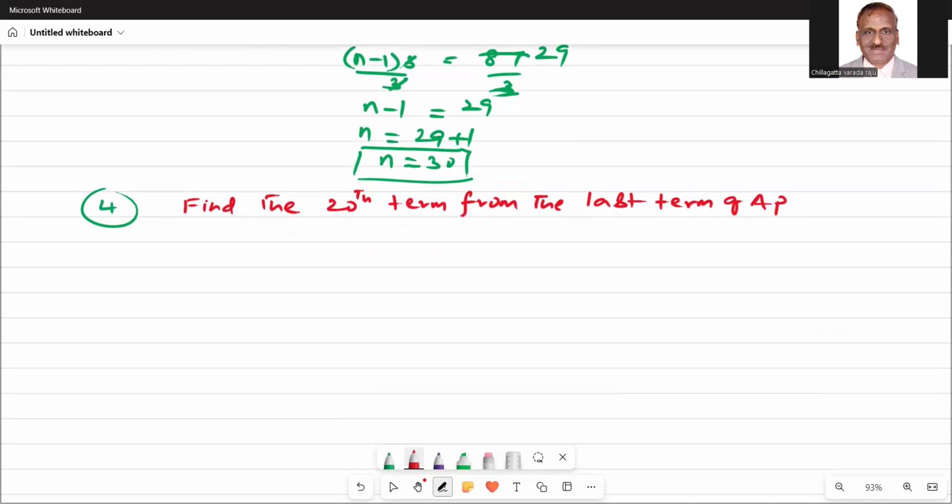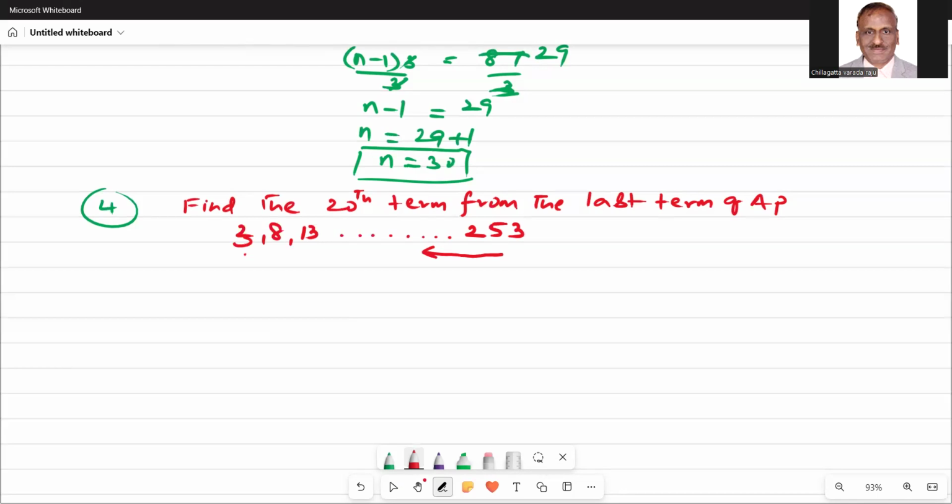The AP is 3, 8, 13, and so on, up to 253. You are asked to find the 20th term from the back, not from the starting 3, 8, 13. From the back, we want the 20th term.